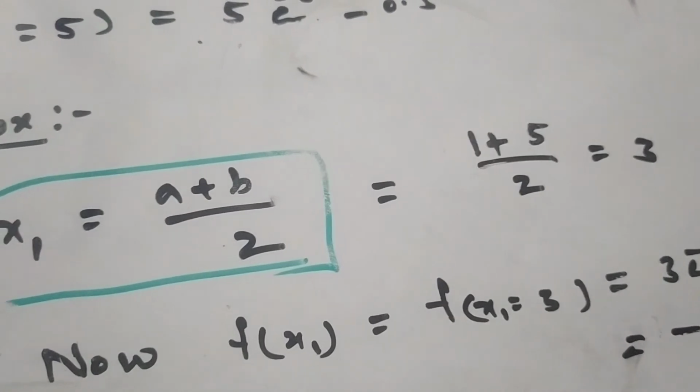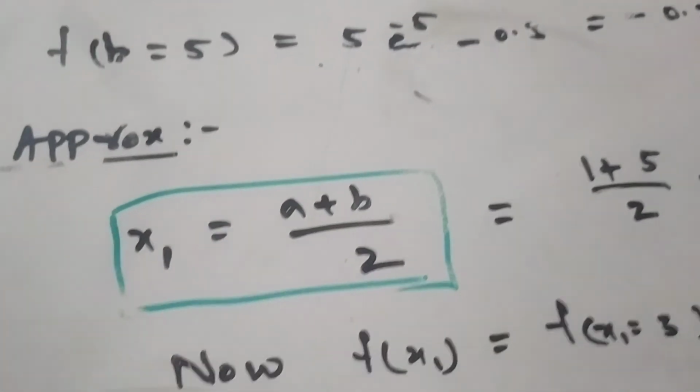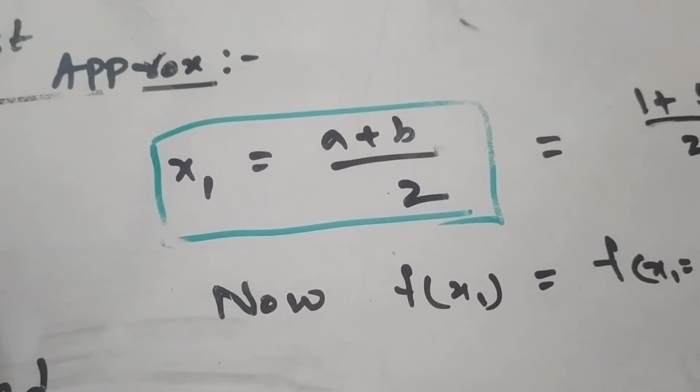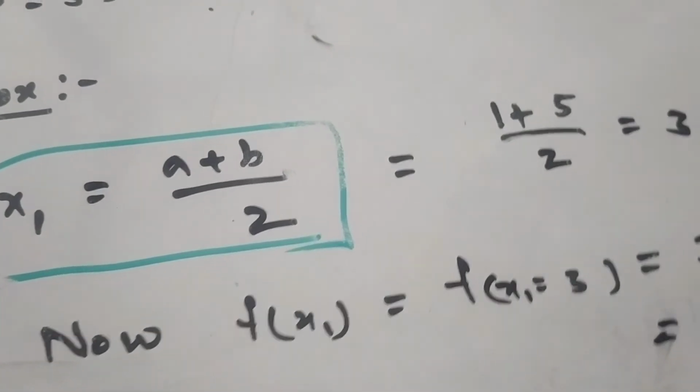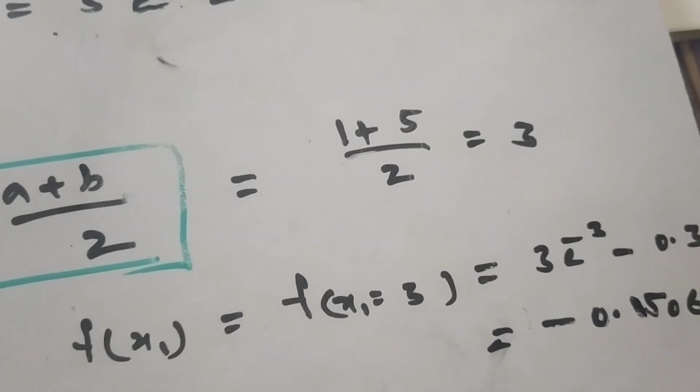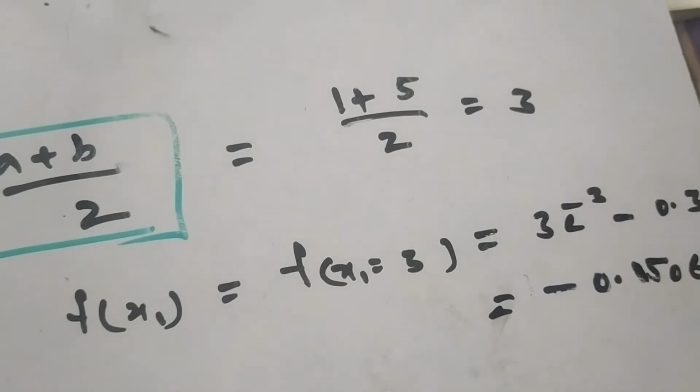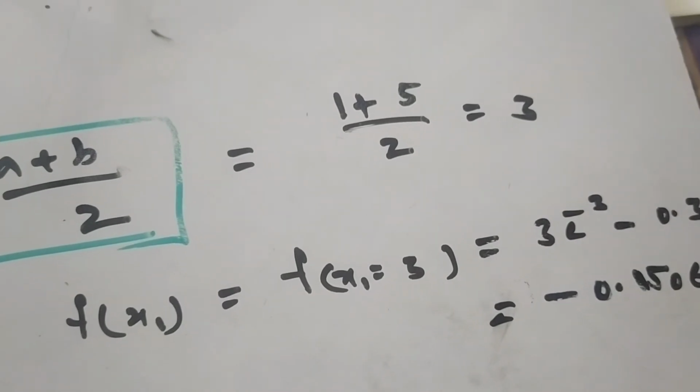Now f of x1 equals f of 3, which is 3 into e power of minus 3 minus 0.3, giving negative 0.1506.